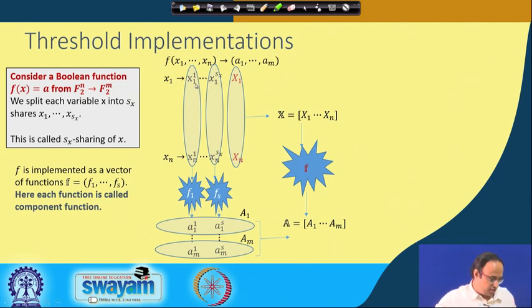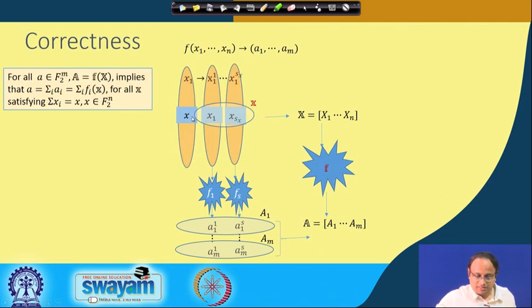I can represent that as x1. Likewise, I will have sx, because there are sx shares. So this essentially is my sharing of the input x. Remember that each of these x's here are not 1 bit values but n bit values now.